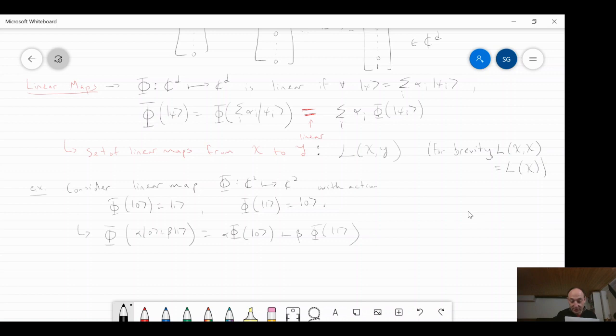Here I didn't know what to do with this, because I have no idea how the map acts on this funny input. But I do know how the map acts on the individual basis vectors, and linearity tells me that that's all I need to know. So now I can just plug in my definition. Phi of |0> takes us to |1>, it flips the 0 to a 1. And phi flips this |1> to a |0>. So that's the action of this map on the state.